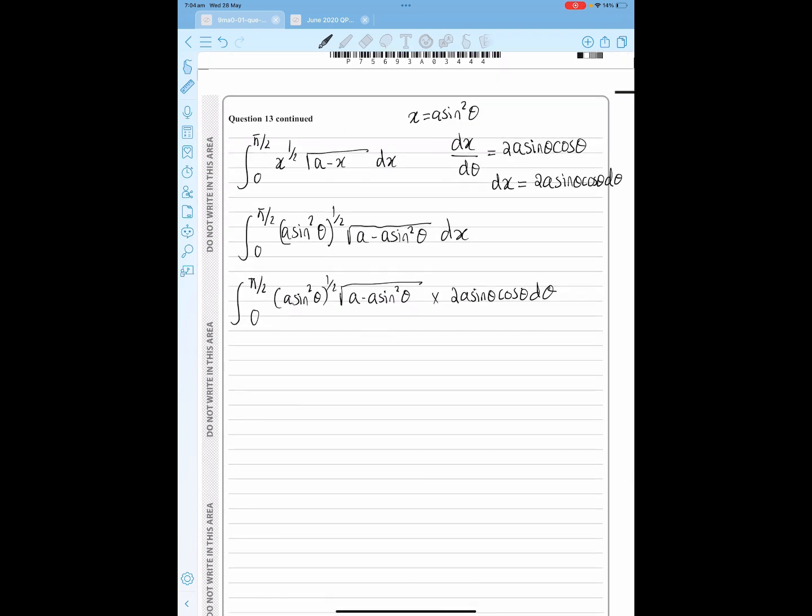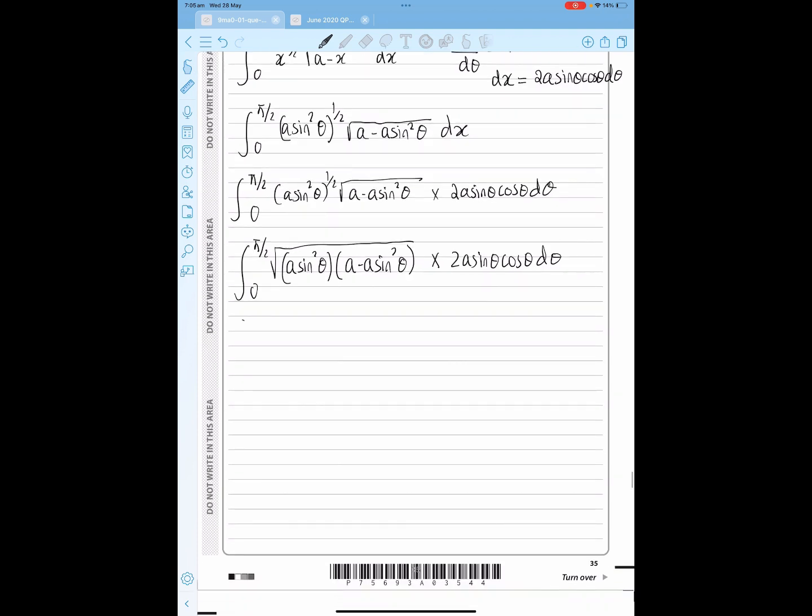Both of these things are roots, so we can join them: the square root of a sine squared theta times a minus a sine squared theta, times 2a sine theta cos theta d theta. Let's further simplify. If we take out an a, we get 1 minus sine squared theta, so that would be a cos squared theta.